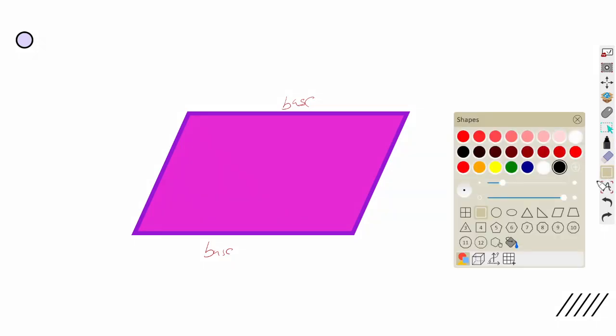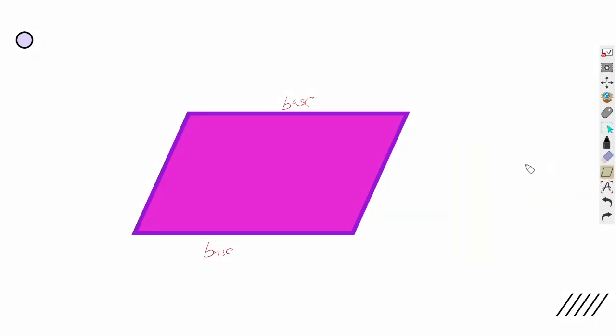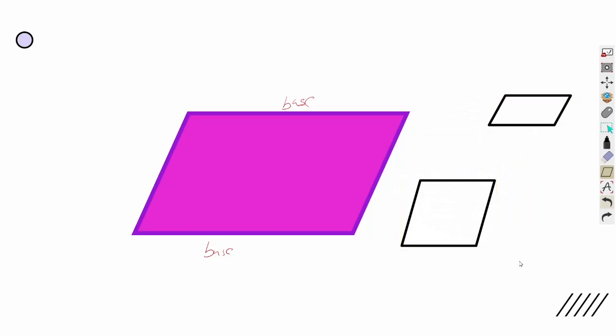Let me see. Yes, there is a parallelogram for my luck. This is also a parallelogram. This is a parallelogram, and all these are parallel. Let me draw a number of parallelograms, then I will understand. All these are parallelograms. This is also a parallelogram.